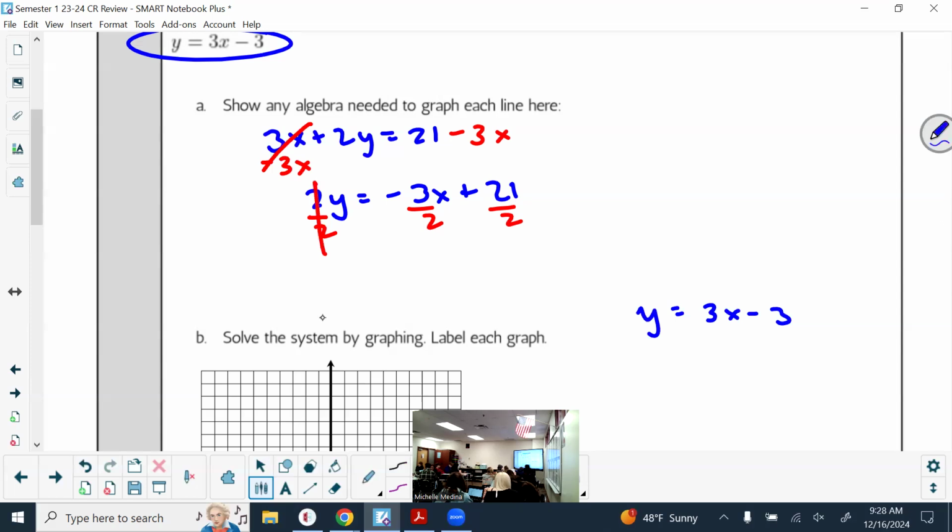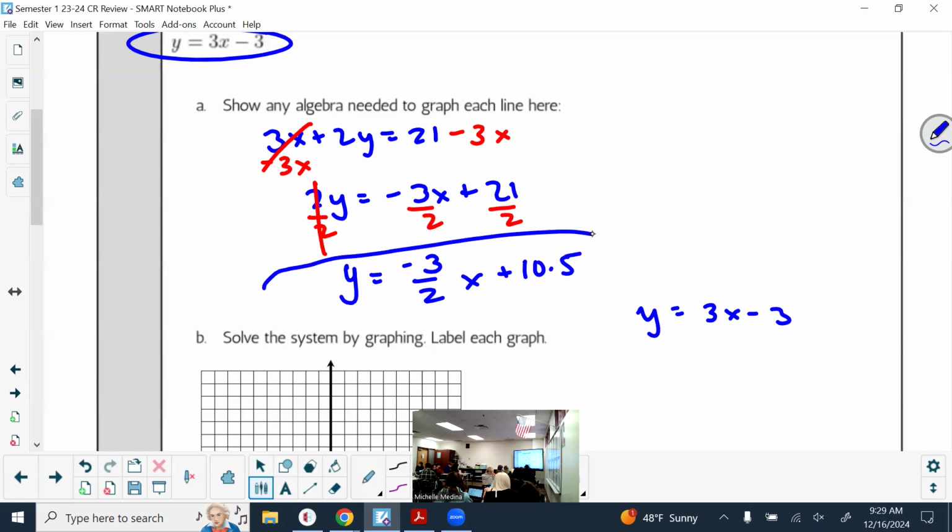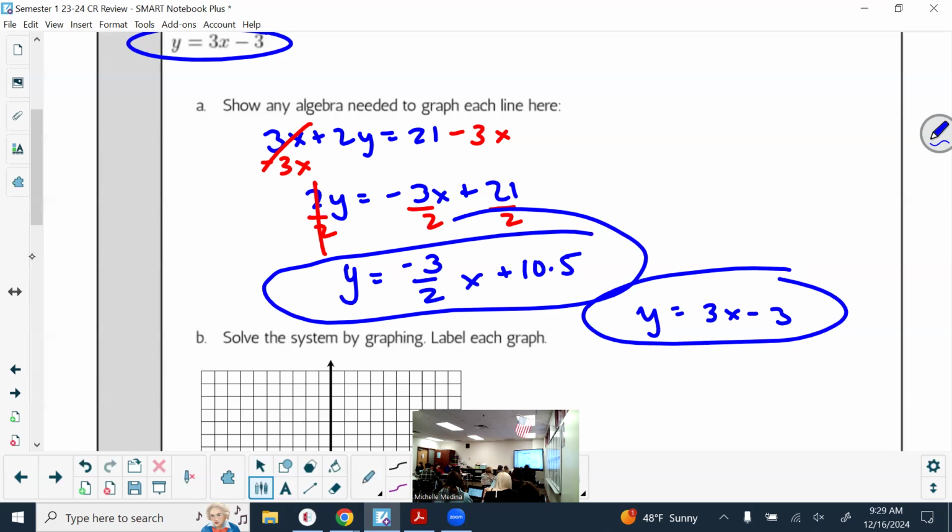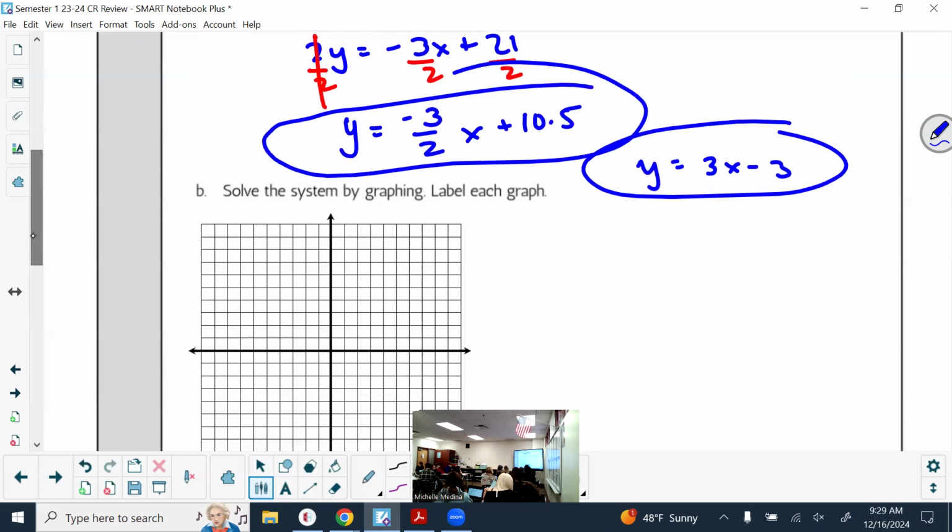Your slope is allowed to be a fraction as long as it's simplified, which it is. I can't simplify that more. 21 divided by 2 is 10.5. So this I can graph now that it's in slope-intercept form, and this I can graph. I'm going to do the one on top first.